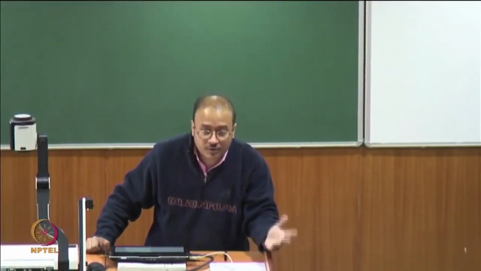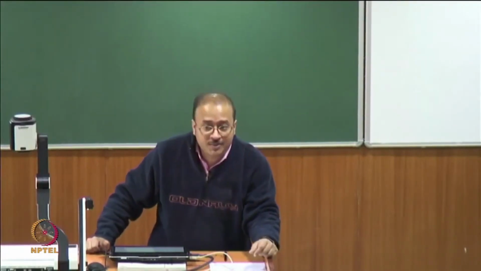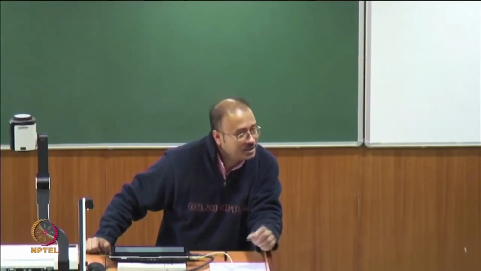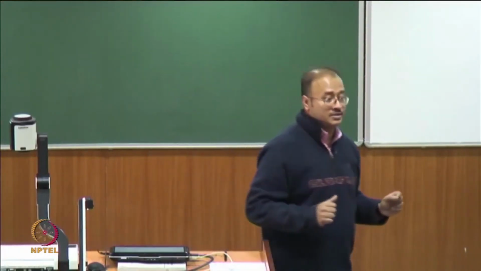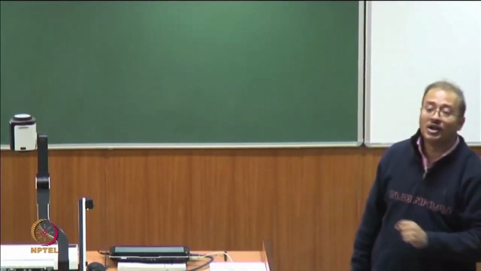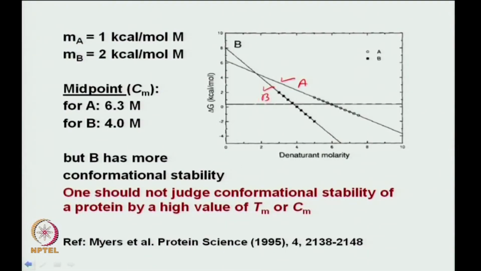But in most cases, for people who are doing research with proteins or working with proteins, you would see that Tm would actually conform to protein stability. But the idea out here is it is not always the case. So, you do not always correlate Tm and Cm with stability of a protein.